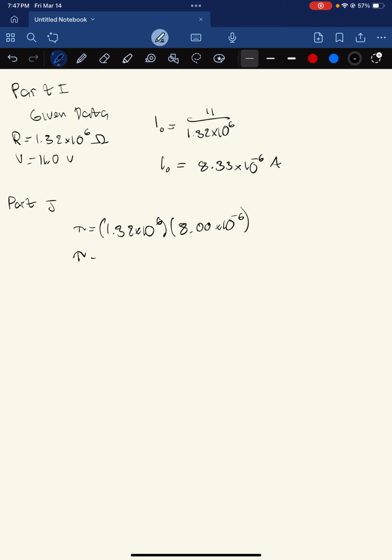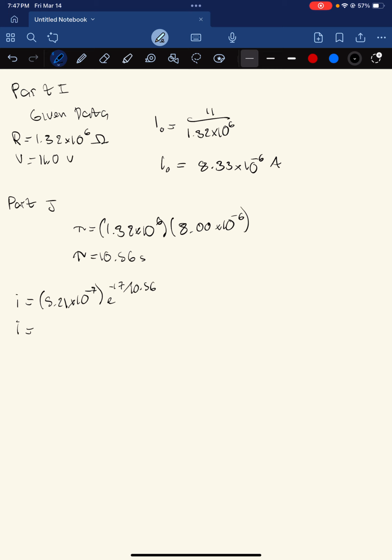And I got 10.56 seconds. All right, now we calculate the current. To calculate the current, we're just gonna multiply the initial current, that is 5.21 times -7, by e to the -17 over 10.56.